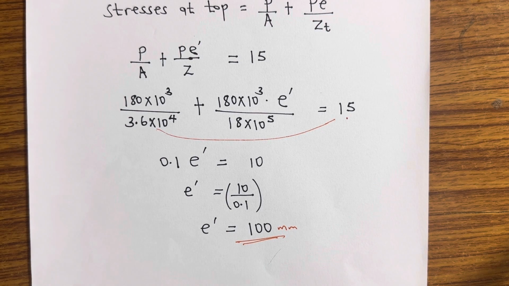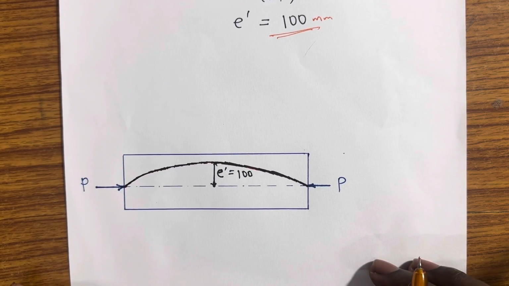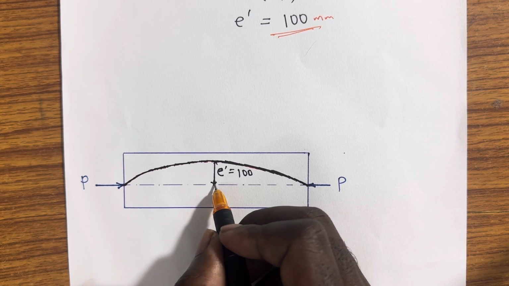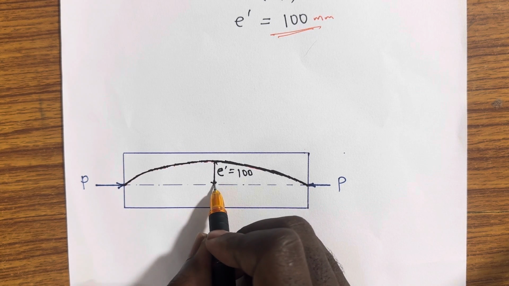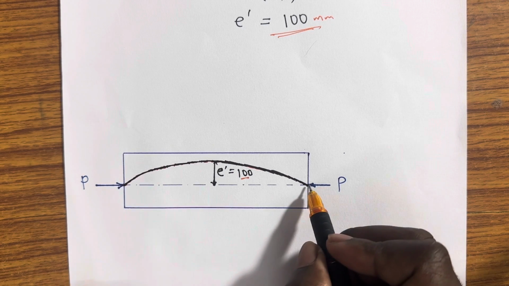Okay, now most importantly, what the question is asking, you have to locate the pressure line or the thrust line. So this is what we have. If we are drawing like this, remember this is at the center. What we calculated is at the center. E dash is 100. At the support it is 0.